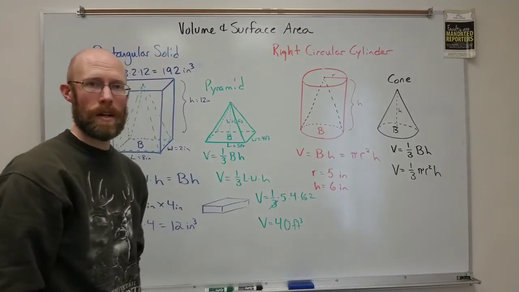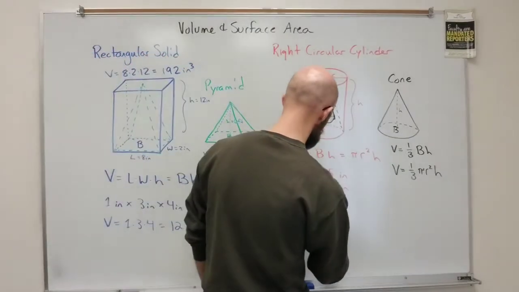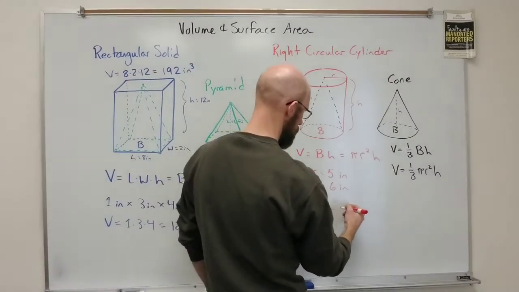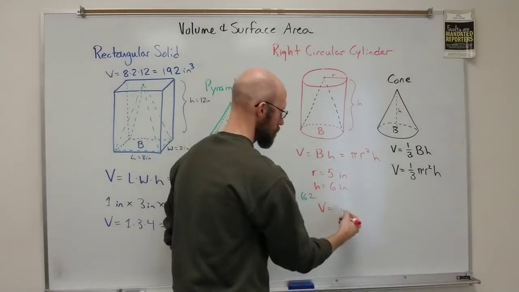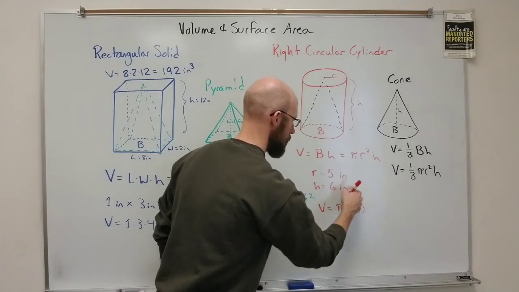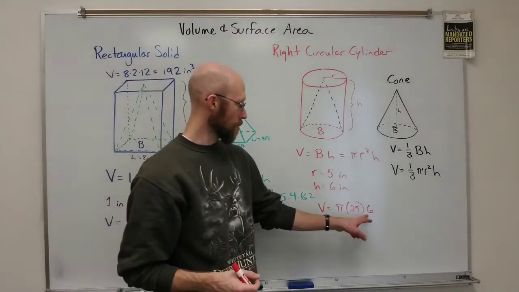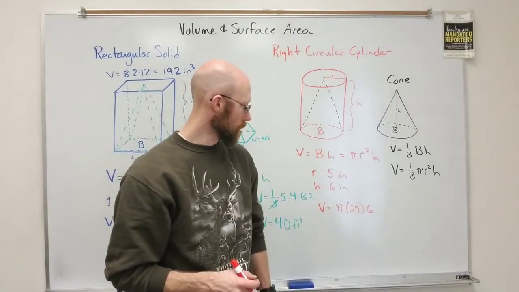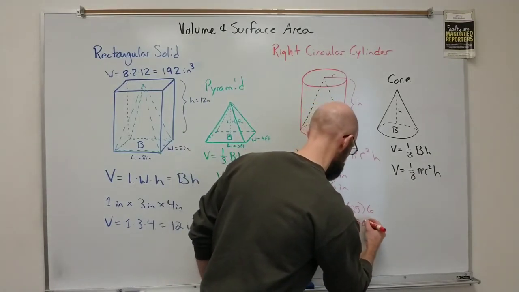Then the volume is going to be your base area, which is pi r squared, multiplied by the h, which is the 6. So r squared is 25, so that's pi times 25 times a height of 6. I'd probably do the 25 times 6, ignore the pi for a moment. That's 150. So that's pi times 150.